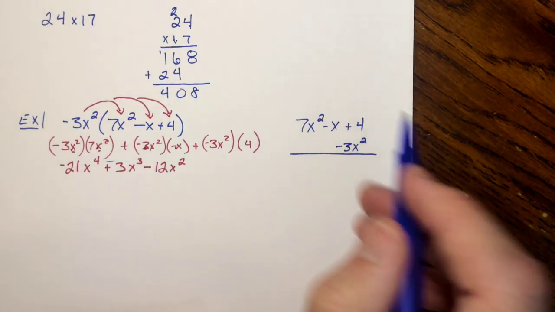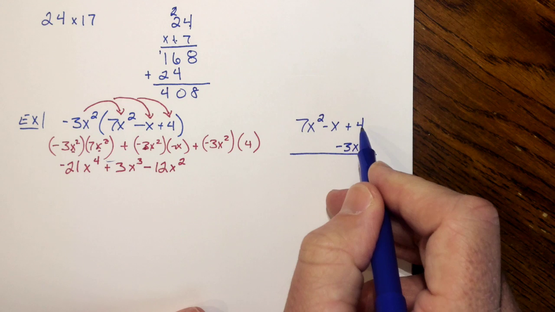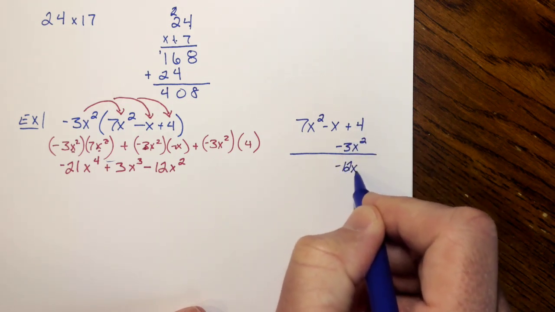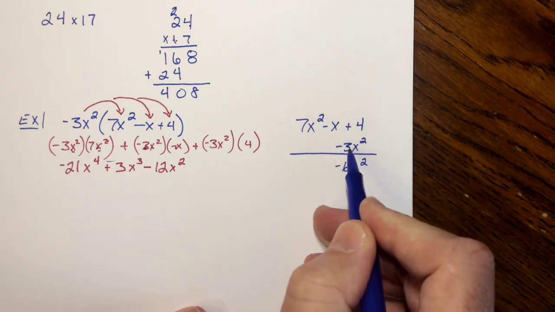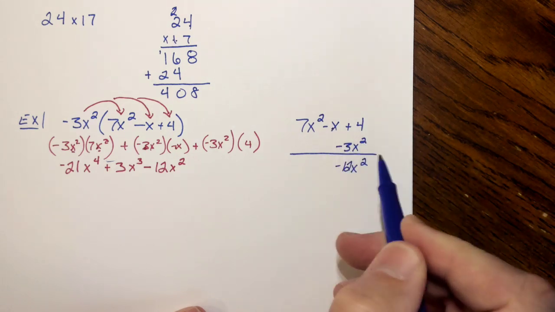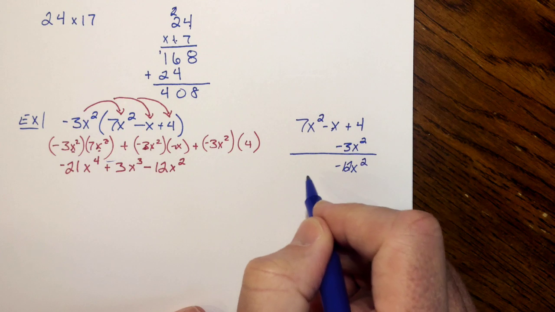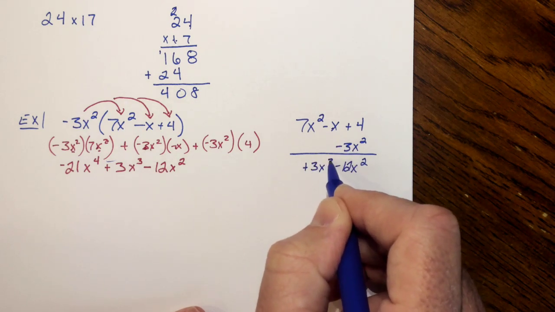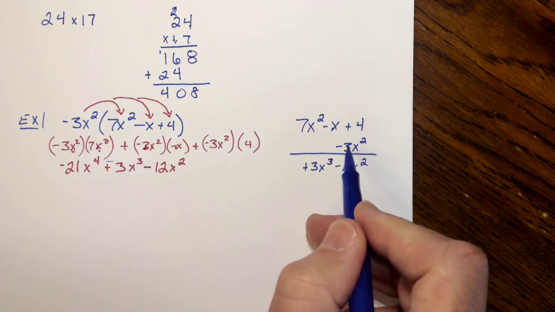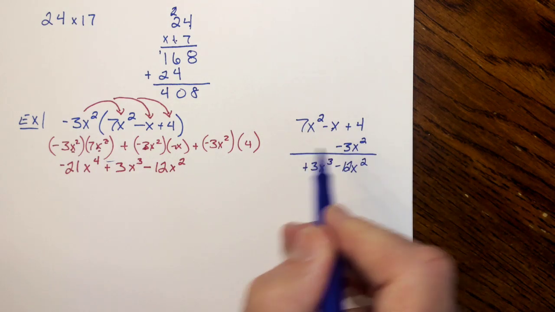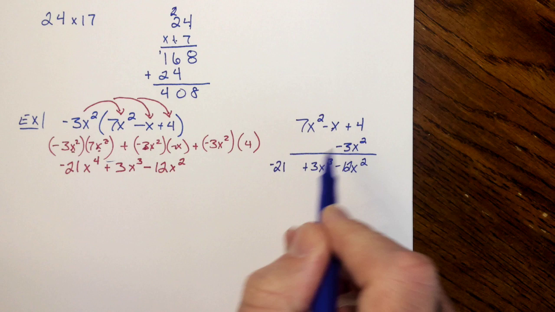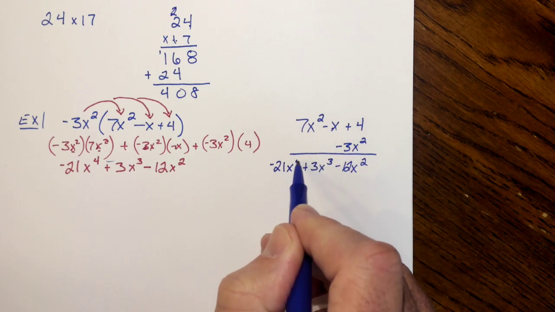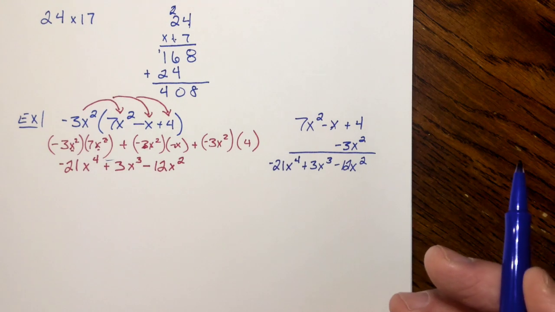Negative 3x squared times 4, negative 12x squared. Negative 3x squared times negative x, negative times negative is positive, so positive 3x to the 3rd power. And then here to here, that gives me a negative 21. X squared times x squared is x to the fourth.